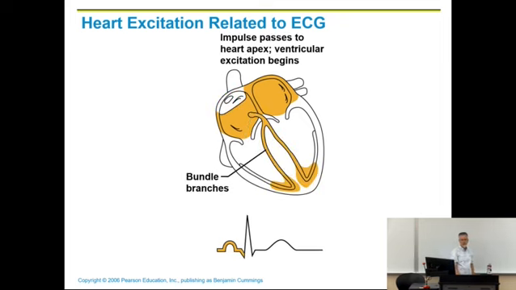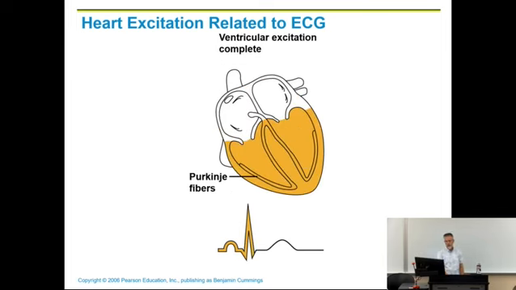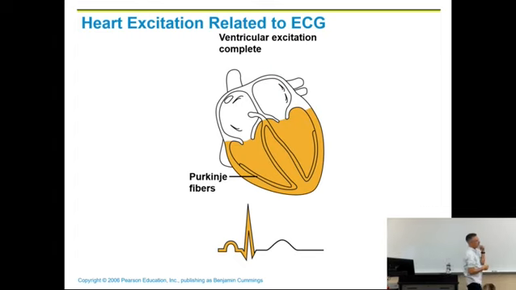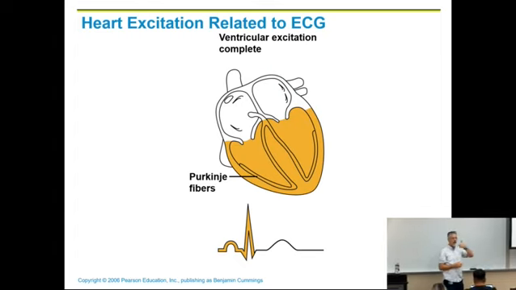Then we get to the QRS wave complex. That's when now the signal is going to go down to the ventricles, and they're going to get their stimulation to contract. So we see it spreading throughout the ventricles there, and so during the QRS wave, we have ventricular depolarization as the signal's arriving there, but we also have atrial repolarization, where the atria are going to go into their relaxation and filling period.